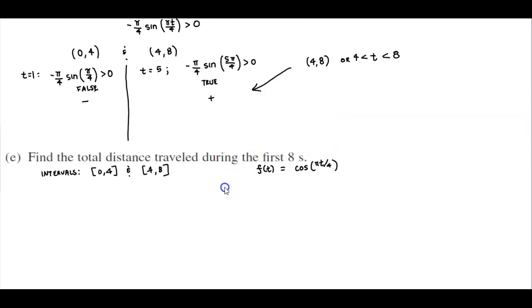So what we want to do is now we're going to find the distance from f of 4 minus f of 0 into the position function.